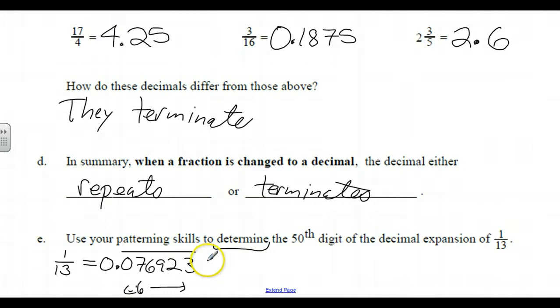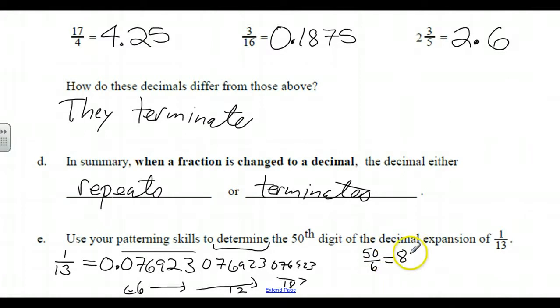So if I write out the next set, 0, 7, 6, 9, 2, 3, then we will have a total of 12. And if I keep going, 0, 7, 6, 9, 2, 3, then we have 18. So we want to figure out, if you've got 6 repeating, how many 6s are there in 50? 50 divided by 6 is 8 and something, right? I mean, what's left? 8 and 1/3.